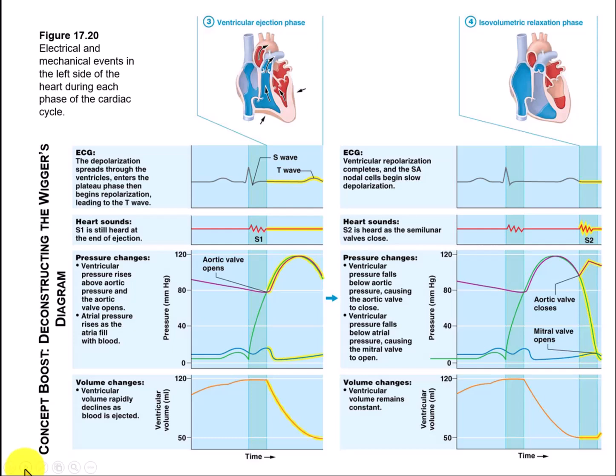And then here are our last two stages of the cardiac cycle. And so that gives you the mechanical functioning of the cardiac cycle for the heart to pump blood around the body.